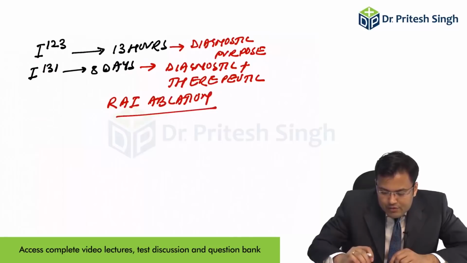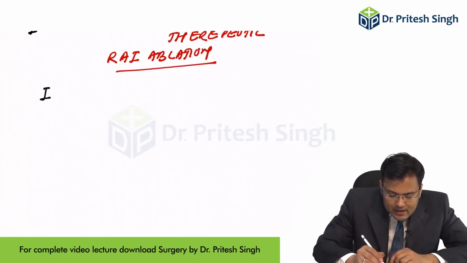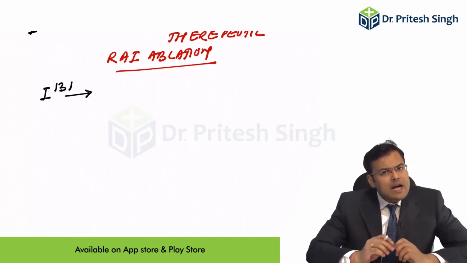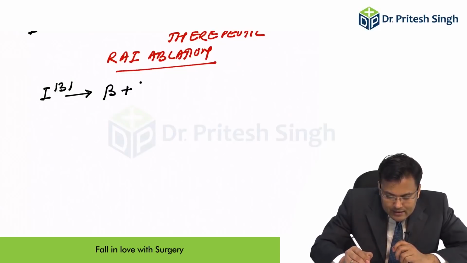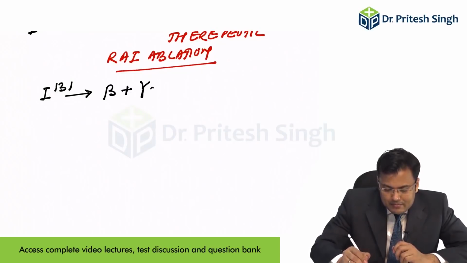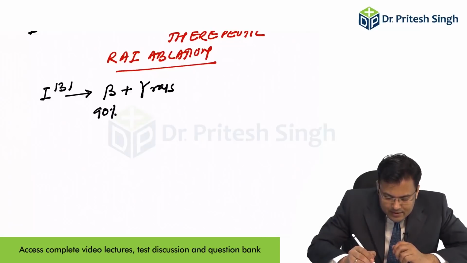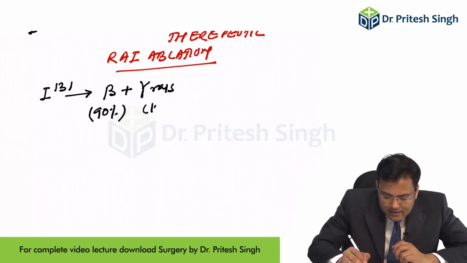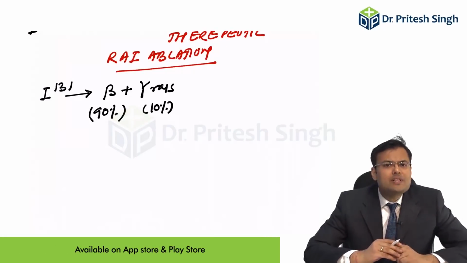So, the first question, what is the isotope used? That is iodine 131. This iodine 131 emits what? Beta rays and gamma rays. How much beta? 90% is beta and 10% is gamma. Questions are asked.